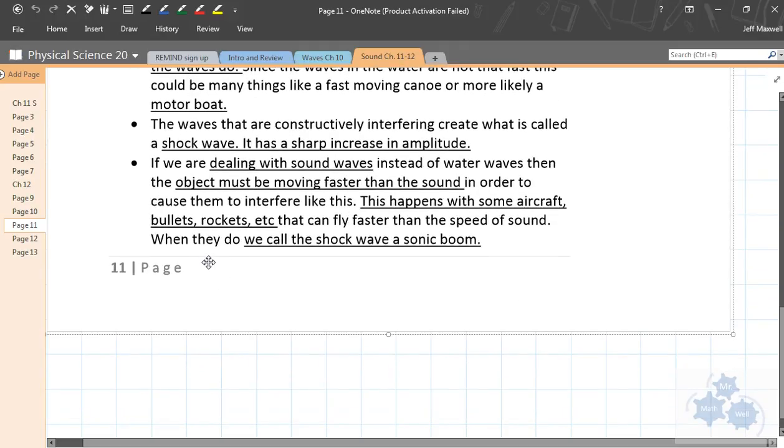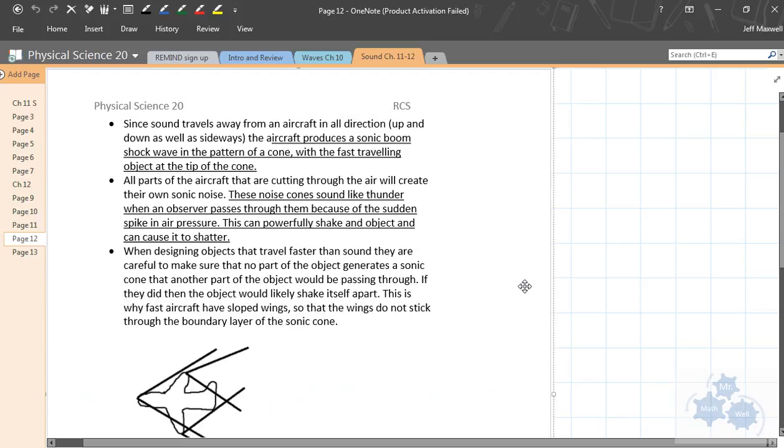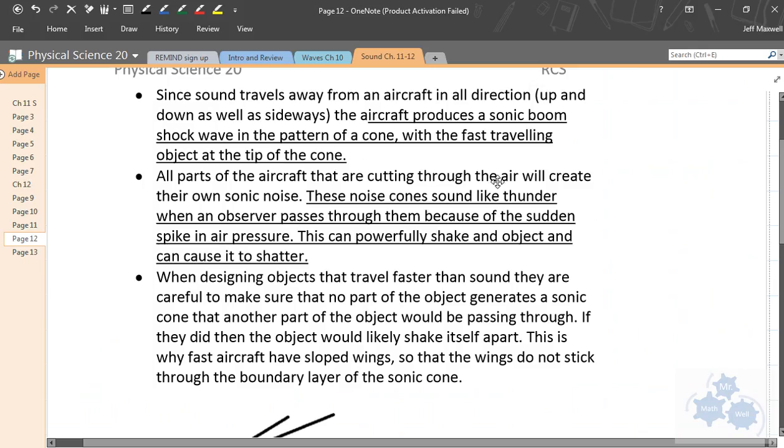Okay. The question here is, when do we call a shock wave a sonic boom? Let's find out. Make this a little bit bigger for you. Since sound travels away from an aircraft in all directions, up and down as well as sideways, the aircraft produces a sonic boom shock wave in the pattern of a cone, with the fast traveling object at the tip of the cone.